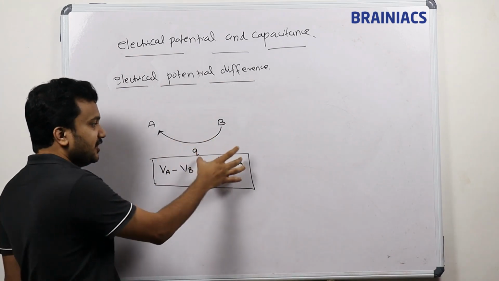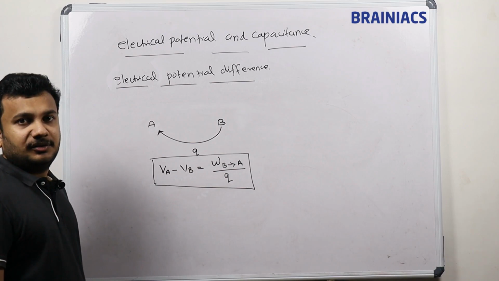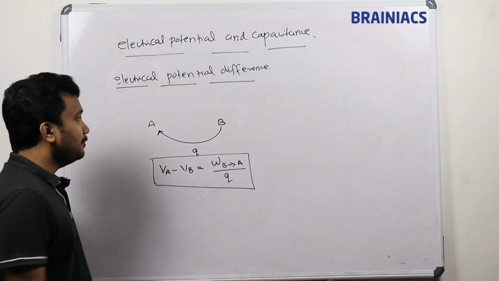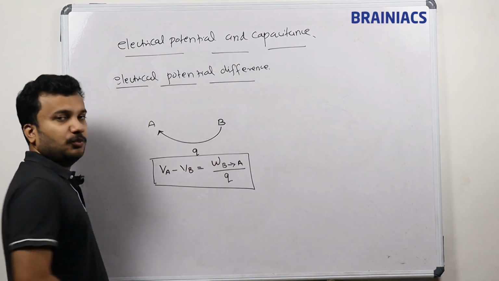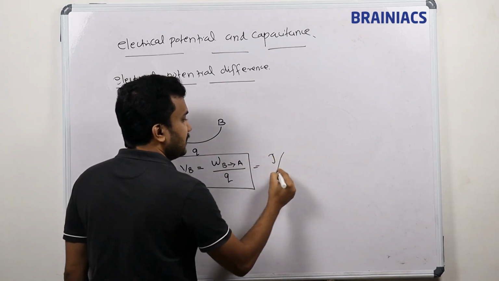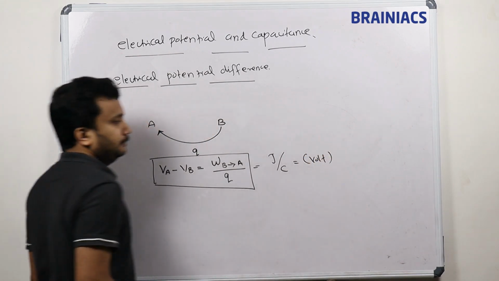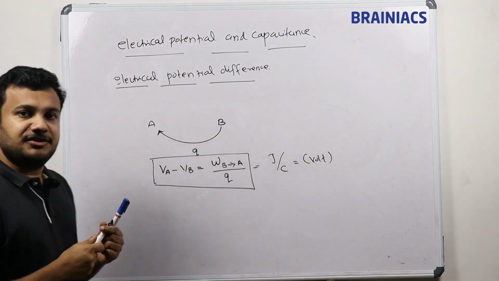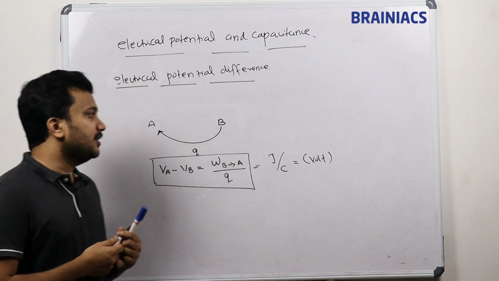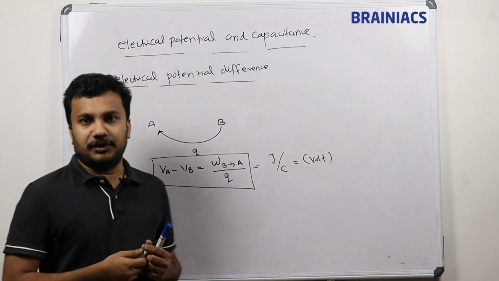That energy divided by that amount of charge is called the potential difference between A and B. What's the unit? The unit of work is joule and of charge is coulomb. This joule per coulomb is also called volt. So the unit of potential difference is joule per coulomb, which is called volt.